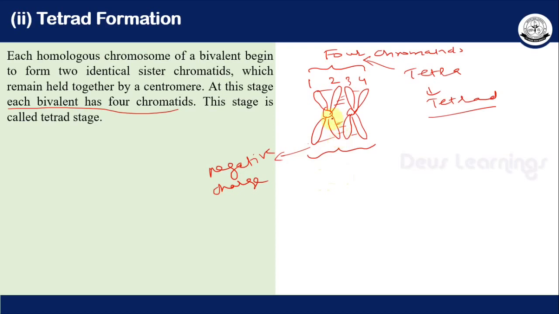So it's necessary to keep them stuck together. To keep the two together, a complex is formed. We will study about that complex a little later. The name of that complex is the Synaptonemal Complex. We will see it in the coming slides. They keep them together.